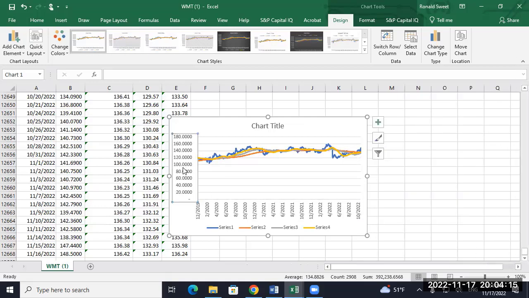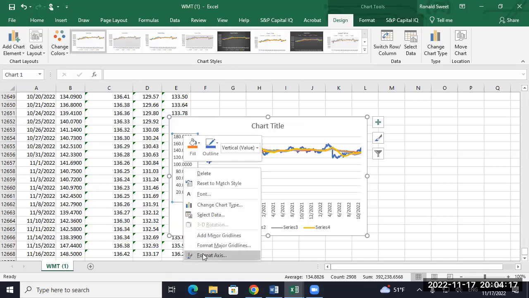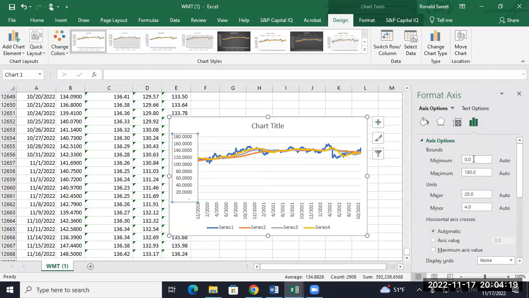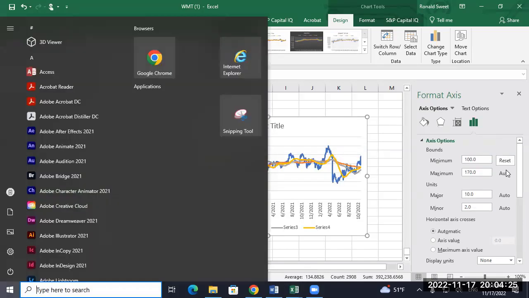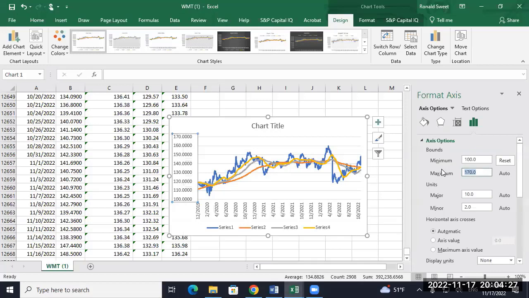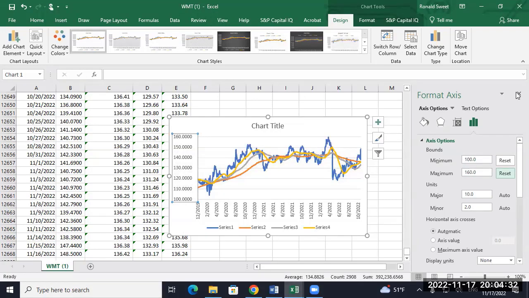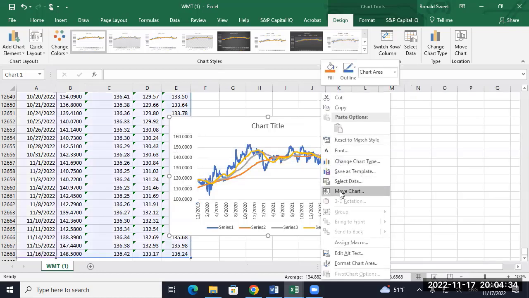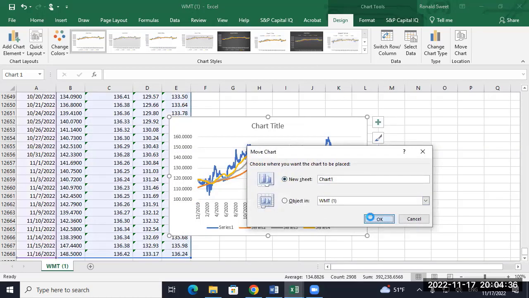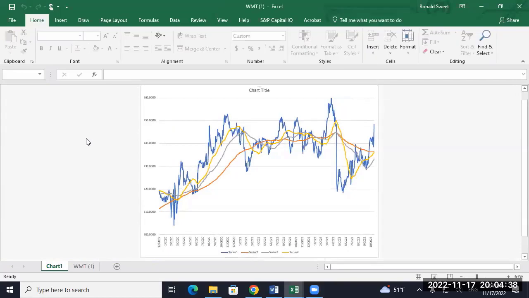And then one thing you definitely have to do is change the axis. So let's start it at, say, 100. Go to 160. Yeah, that looks good. All right. That doesn't look like way too much data.